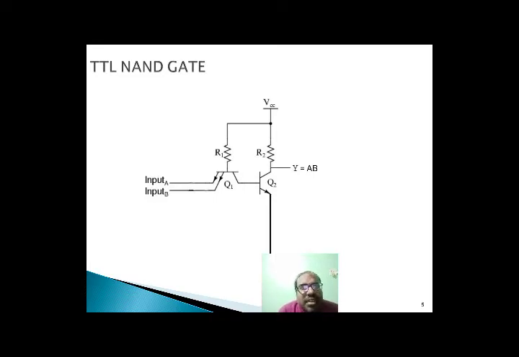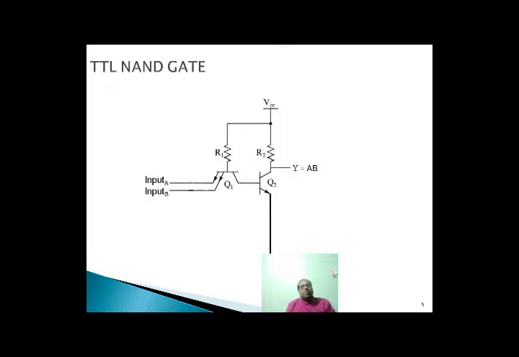See here, the emitter has two inputs A and B, two resistors R1, R2, and two transistors Q1, Q2, and the collector supply voltage is VCC, as well as ground. We get the output for the NAND gate: Y equals AB bar.